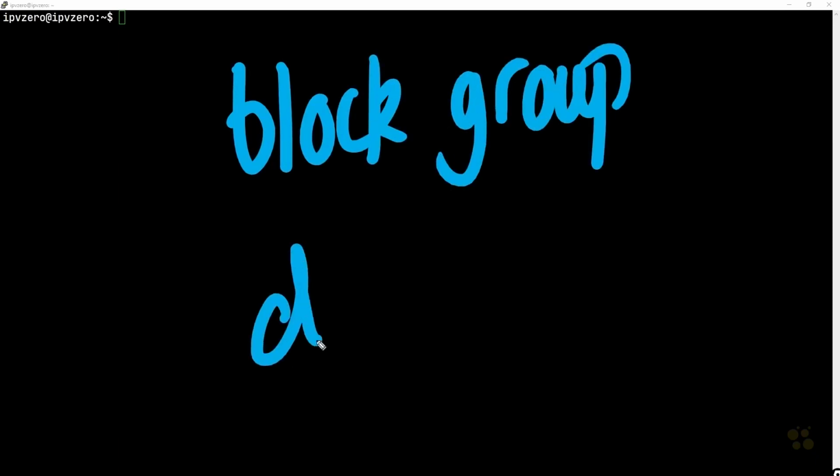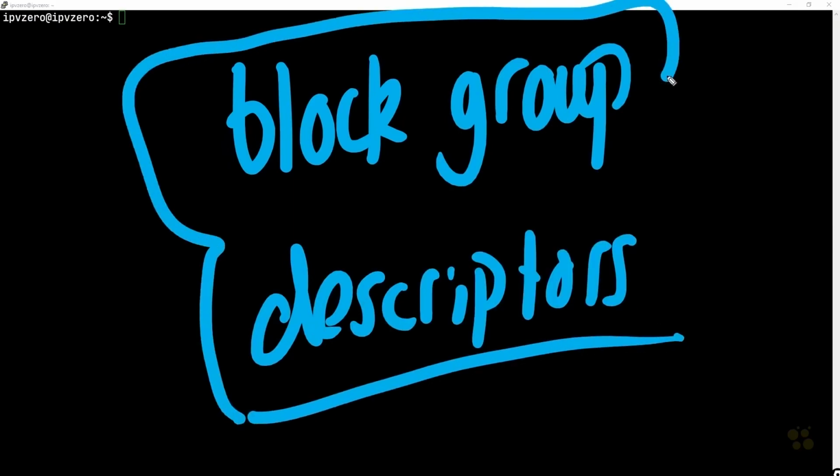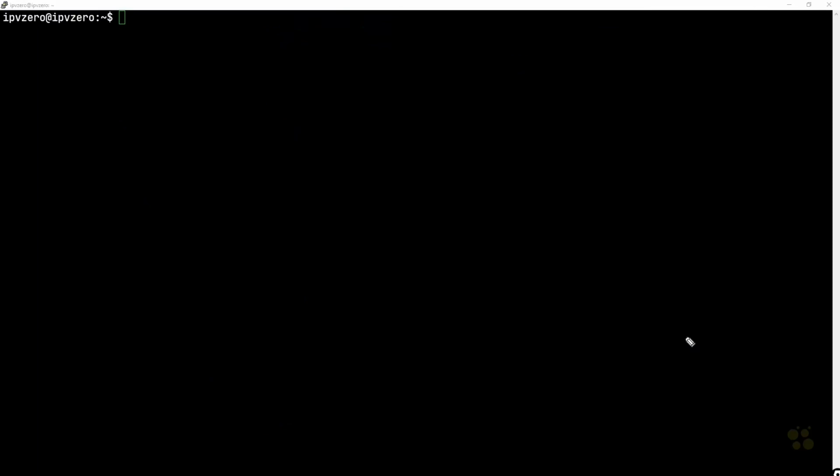You can see this information, and in some cases it is definitely useful to see, but generally speaking, you're not going to be utilizing it. If you want to omit this information and shorten the output by a great deal, make it much more readable, you can use the dumpe2fs command with the -h option.